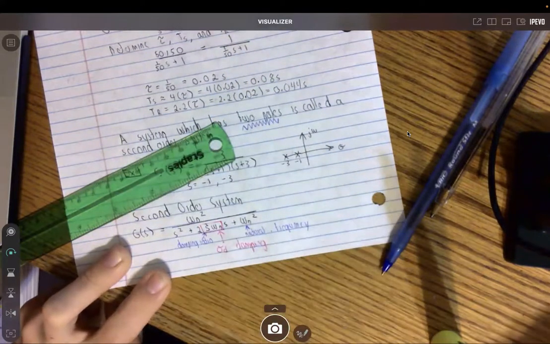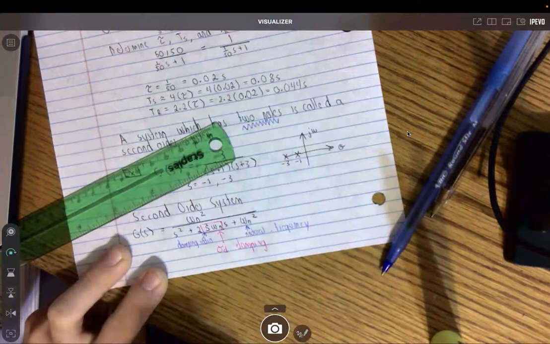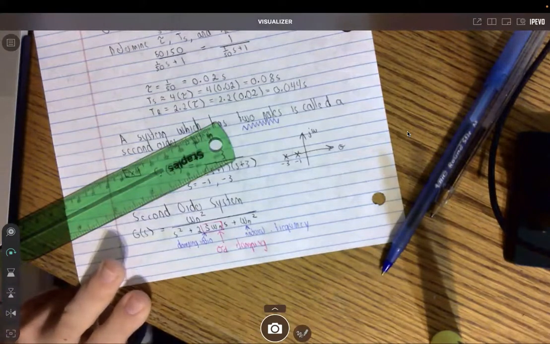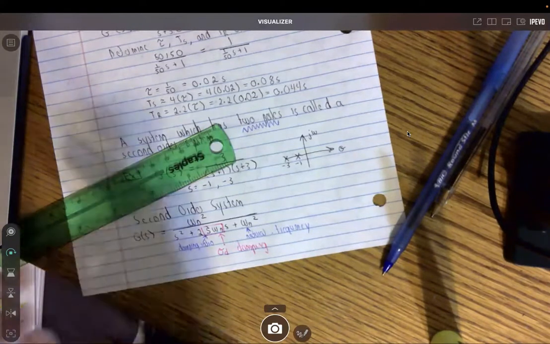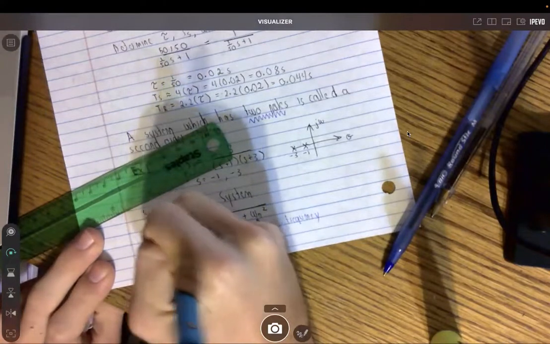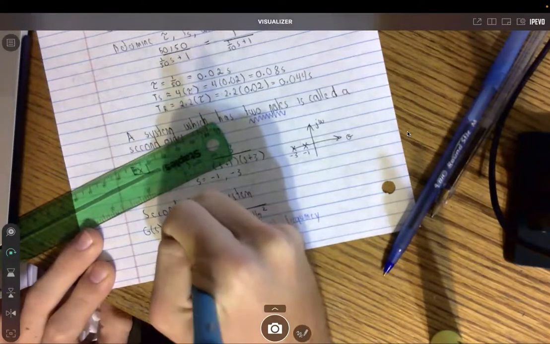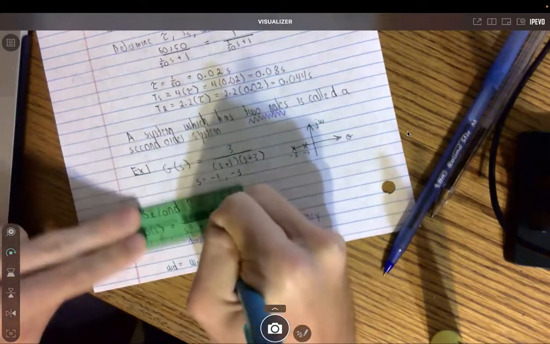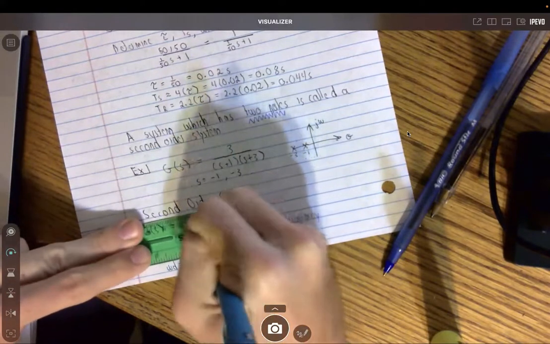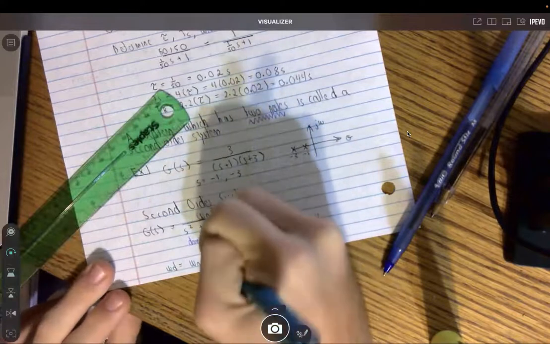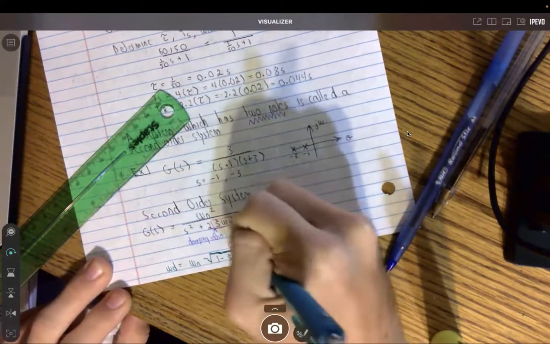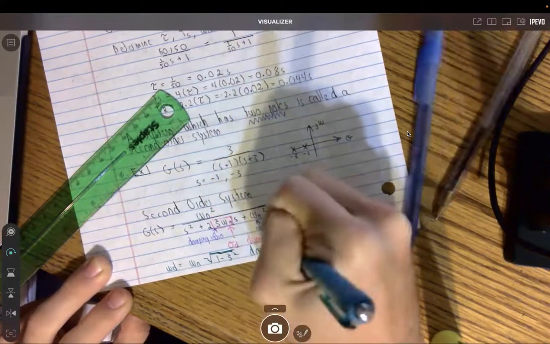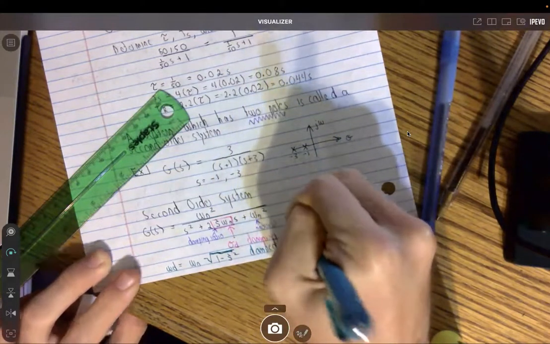Then the next one, which is not defined in here, but you should know it with second order systems, is omega d, which is equal to omega n times the square root of 1 minus zeta squared. And this is known as the damped natural frequency.